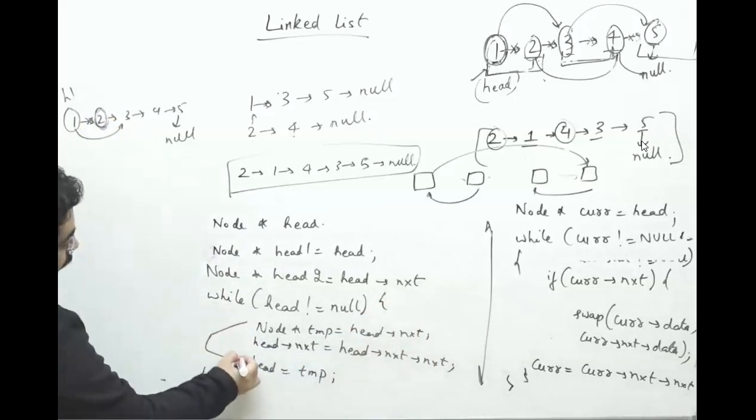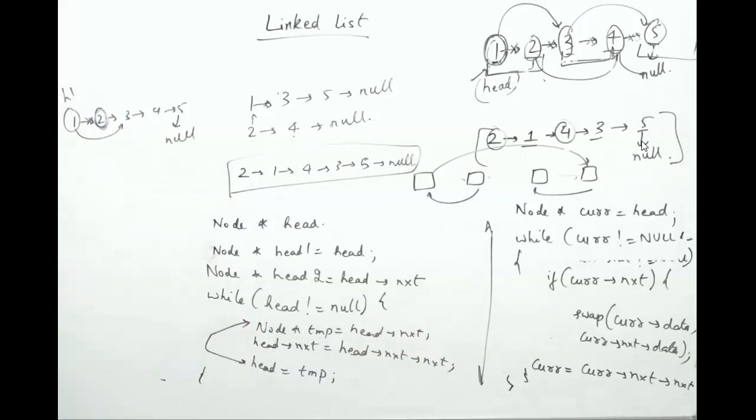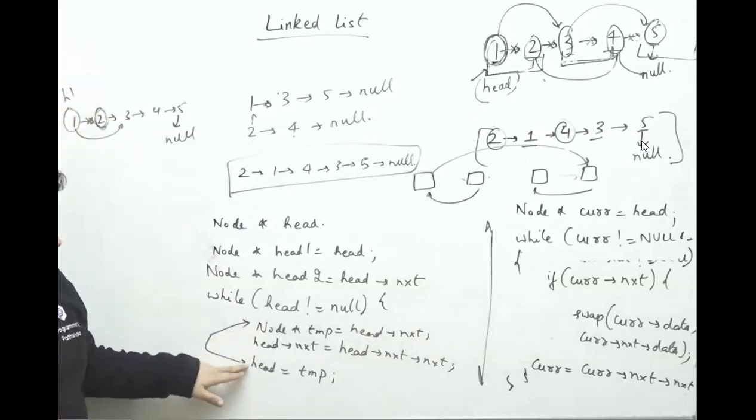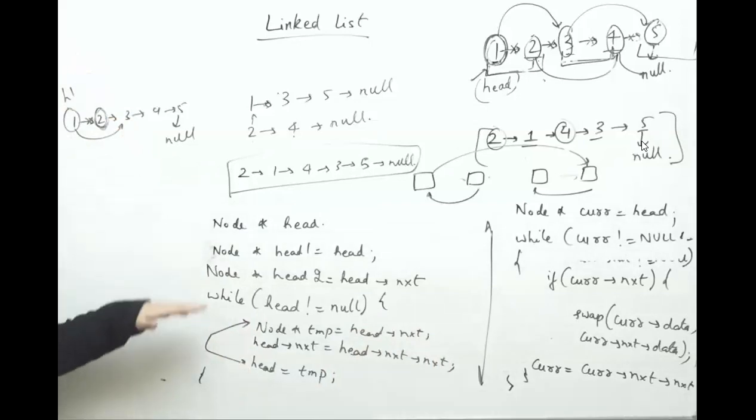So these two are for movement, because when I remove this and add this, I have no way of knowing 2. The only way to know 2 is by storing it in a temp and replacing it here. Does this idea make sense to everyone?